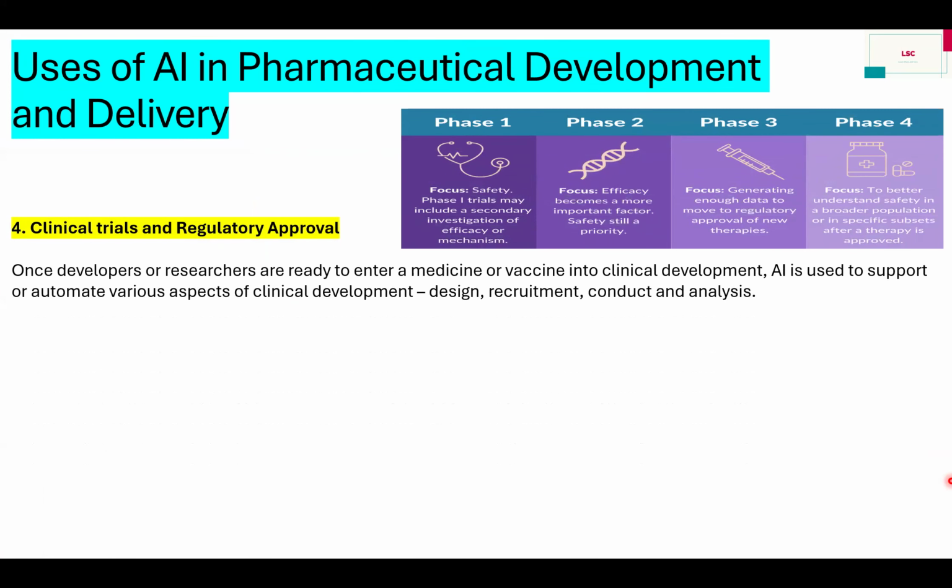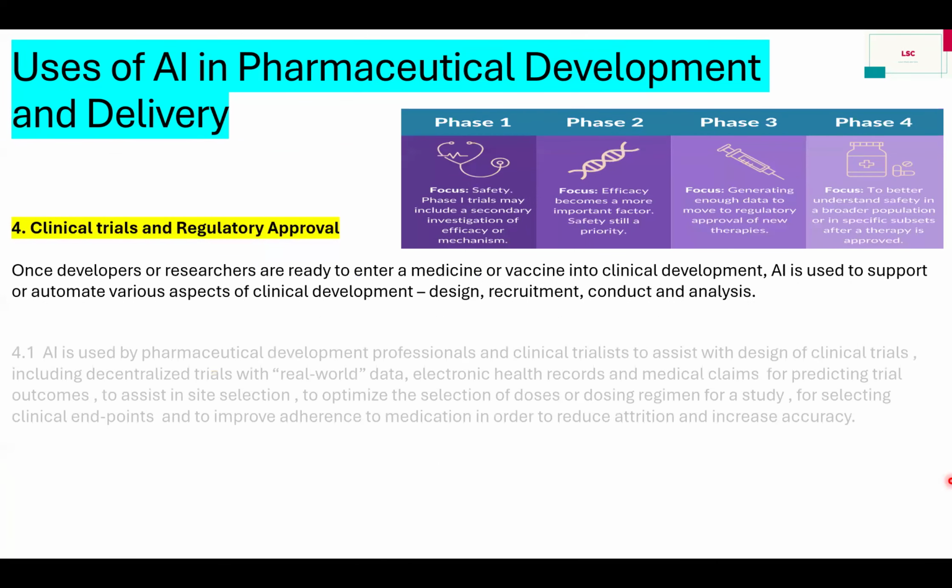Clinical trial and regulatory approval. Once developers or researchers are ready to enter a medicine or vaccine into clinical development, AI is used to support or automate various aspects of clinical development: design, recruitment, conduct, and analysis.